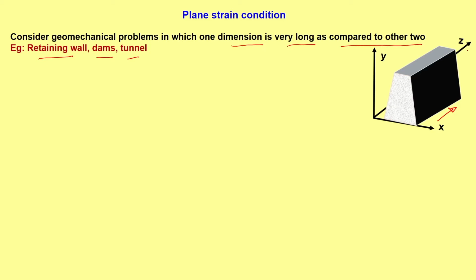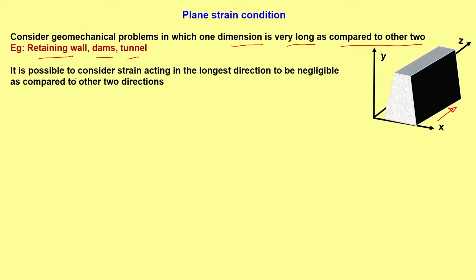So, the z direction is pretty long as compared to its cross section. So, it is possible to consider the strain acting in the longest direction to be negligible as compared to the other two directions. Since this length is quite long, you can always consider the strain acting in the z direction to be negligible.